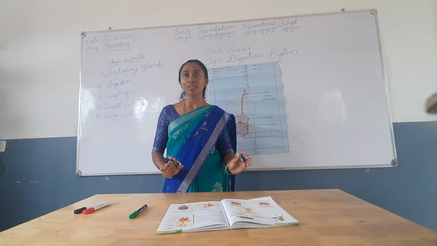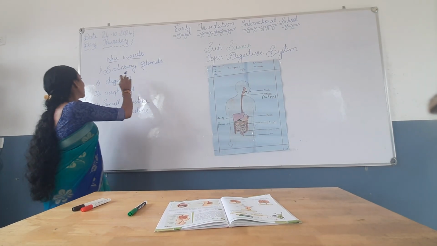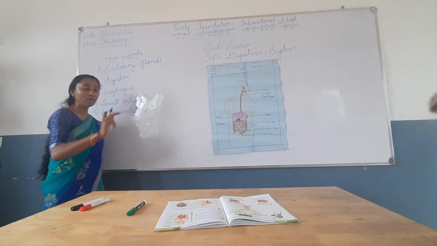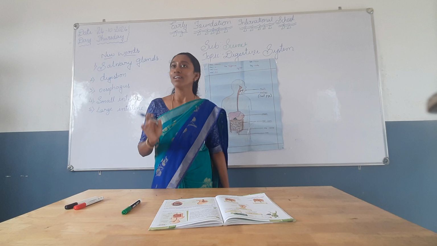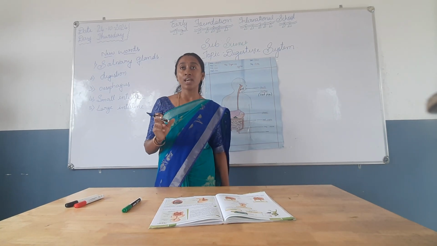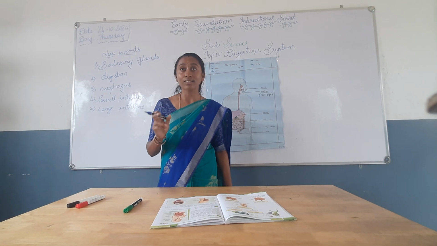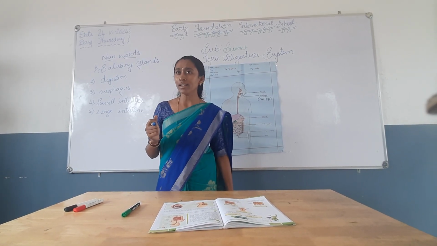What are the new words in this chapter? First one is salivary glands. What do you mean by salivary glands? A salivary gland is a gland that will produce the saliva. Where is the salivary gland present?